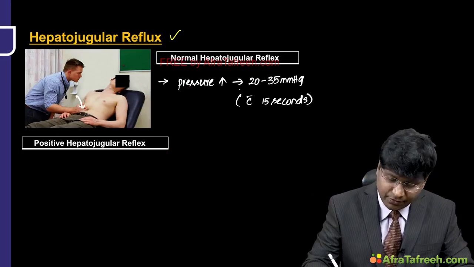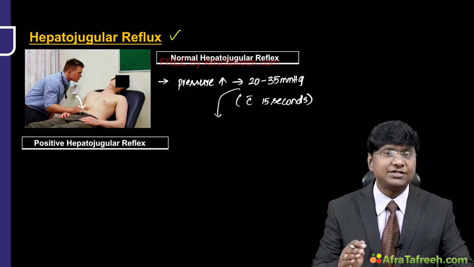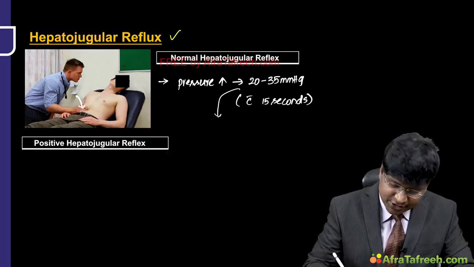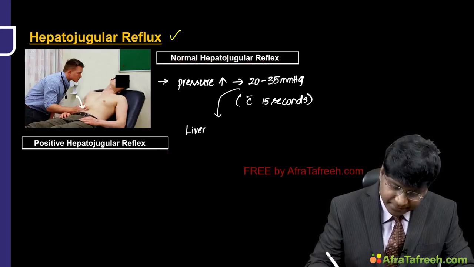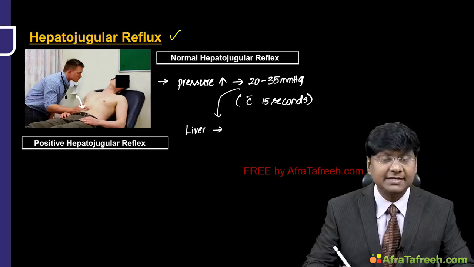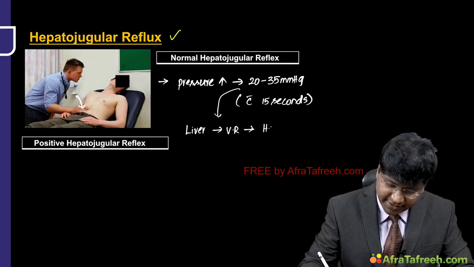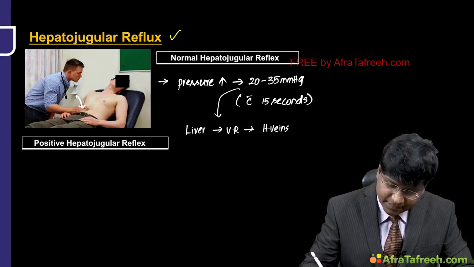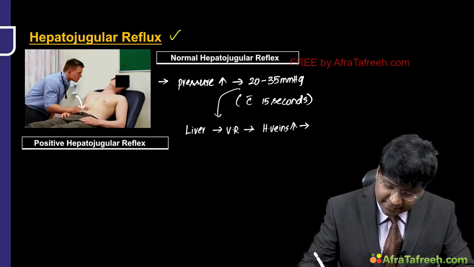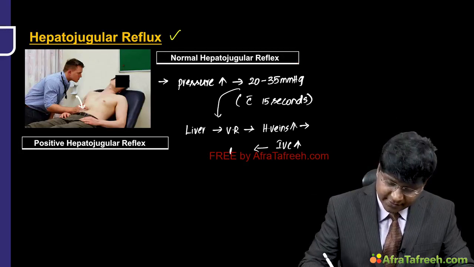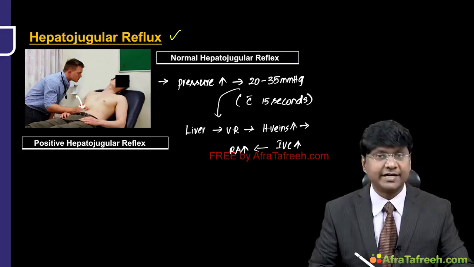Now, once you apply the pressure over the right hypochondrium, what are you doing indirectly? You are squeezing the liver. So thereby, what will happen? The venous return to the hepatic veins increases, and subsequently the venous return to the inferior vena cava increases, and from the inferior vena cava the venous return increases to the right atrium.